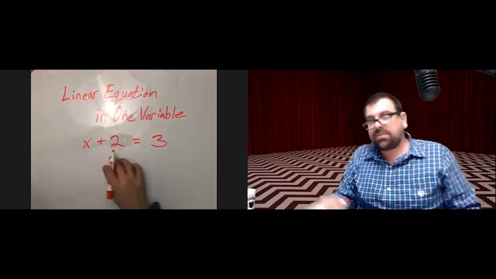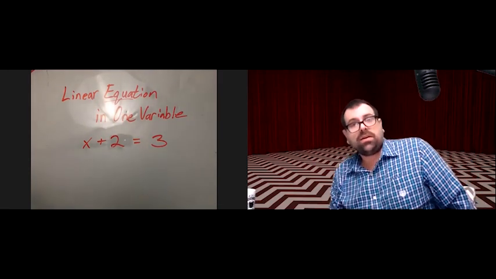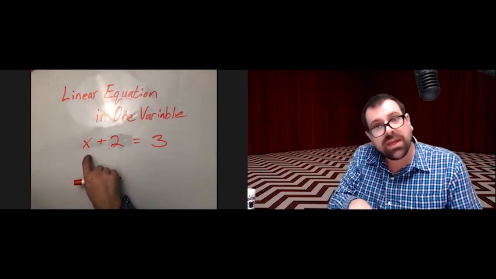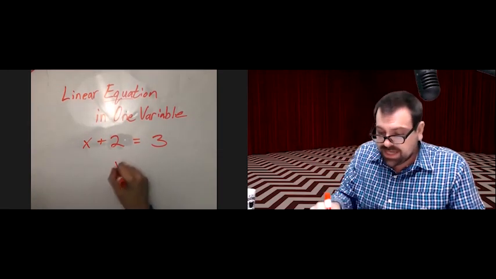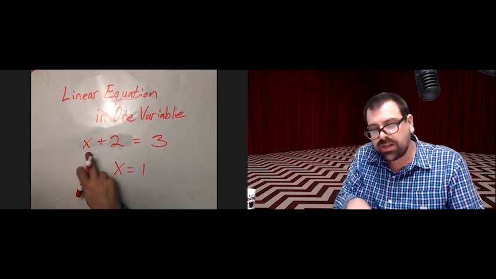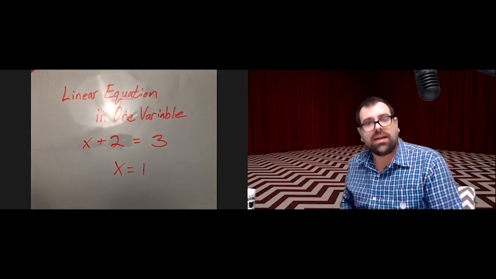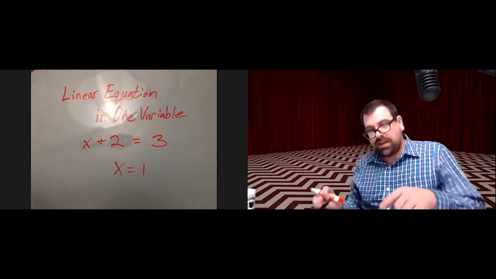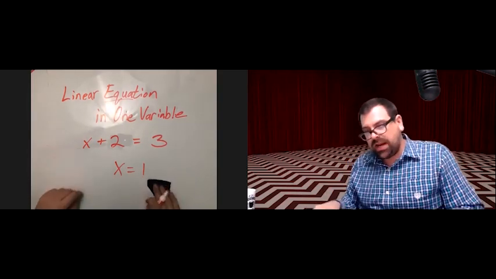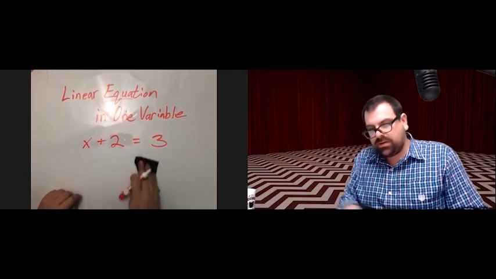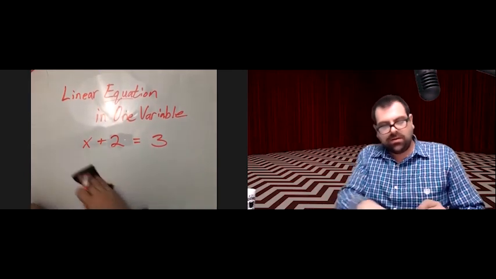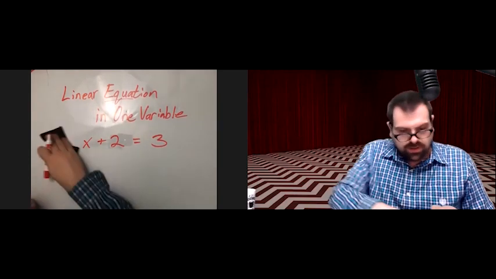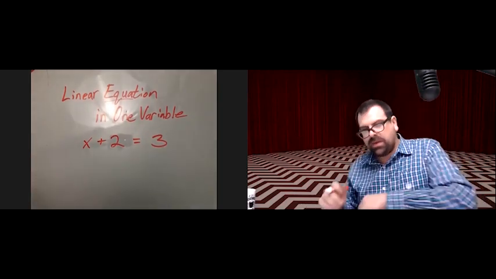If we said x plus 2 equals 3, then there is only one possible thing x could be. X has to equal 1 because only 1 plus 2 equals 3. But that's not algebra. Like I said, anyone can try to figure out what's in there, check it, and be right that way. That's not algebra.